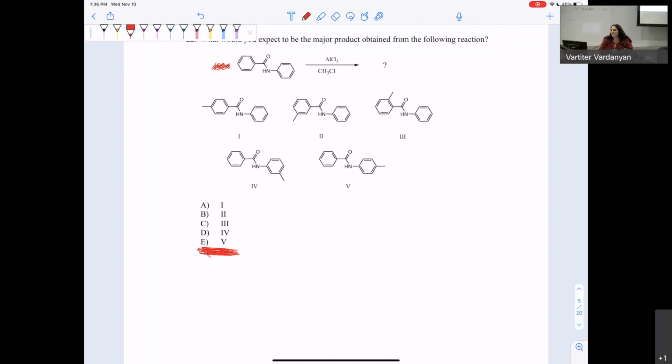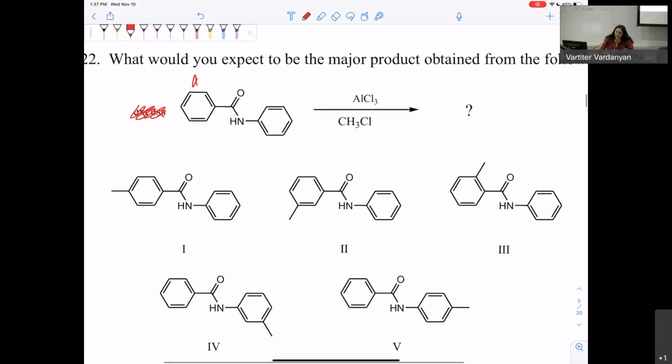So whenever you see something like this where you have two rings, I know there's like 10 of these in the practice problems, you're basically going to split it up as if you had two completely different benzene rings. So you have A and you have B. And this is a Friedel-Crafts alkylation. So one of the rings has a deactivator, the other one has an activator.